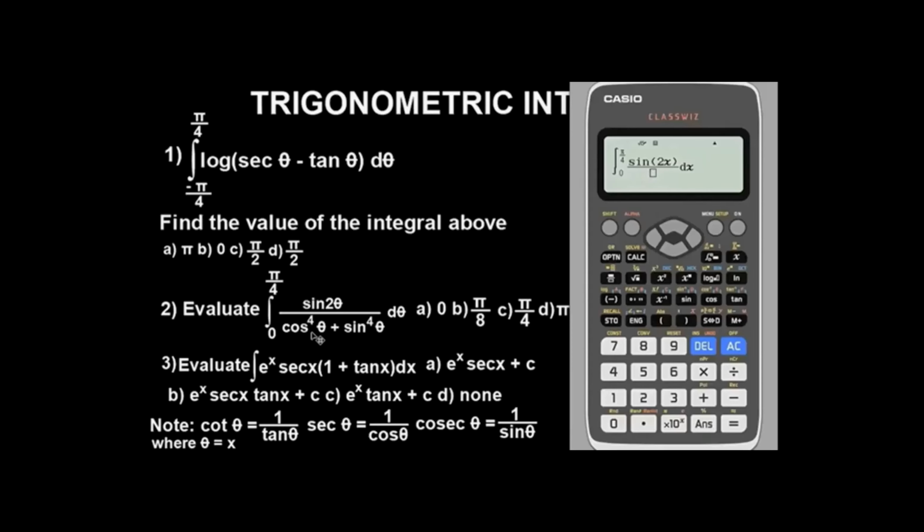Now, if you don't want to waste time, do it like that. The simplest way to represent it on this calculator is to press cos, then we have theta, which we replace with x, alpha x, close the brackets, then use the power function and put 4. So this is the easiest way to do it.